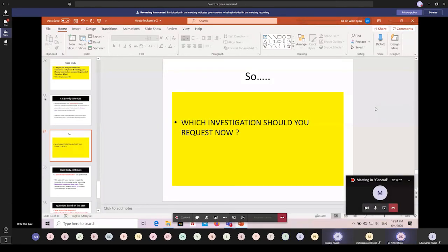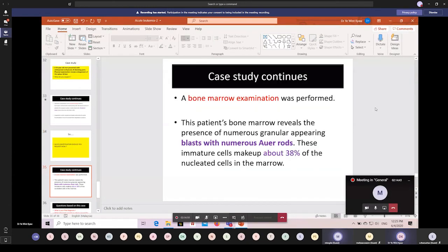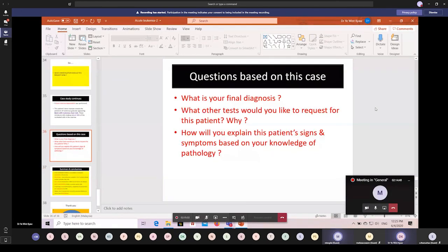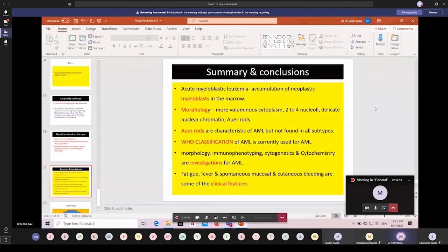With bone marrow you can see, plus what is your final diagnosis? Leukemia. What other tests do you want to do? Justify why these signs and symptoms occur. The same as ALL only. Oh, this is the summary. Okay, finish. Thank you.